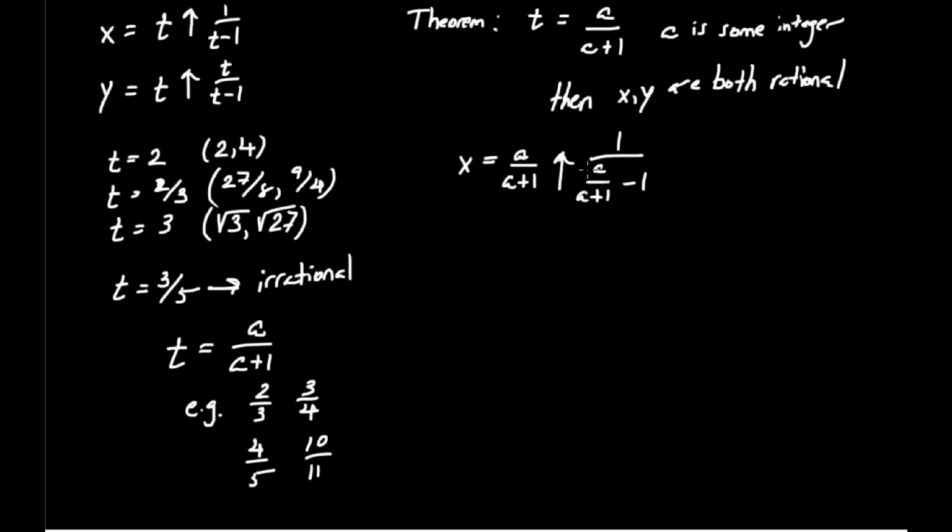And now we're going to do a little scratch work here to figure out what this is. A over a plus 1 minus 1. So I have that, a over a plus 1 minus 1, but 1 can be written as a plus 1 over a plus 1. And in the numerator, I get a minus 1 over the denominator, which is a plus 1. I see that the a's cancel out, and what I get is minus 1 over a plus 1.